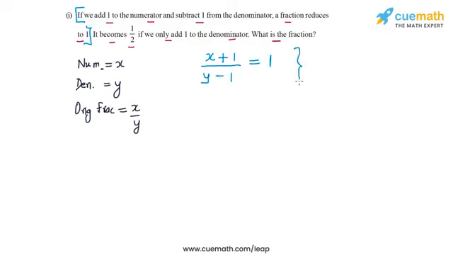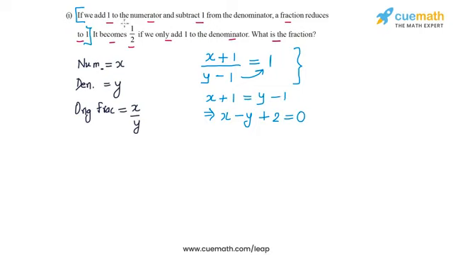This gives us our first equation in x and y. Let me cross multiply y minus 1 and write this in the standard form. So x plus 1 is equal to y minus 1, and I can write this as x minus y plus 2 is equal to 0. So this is the first linear equation in x and y.